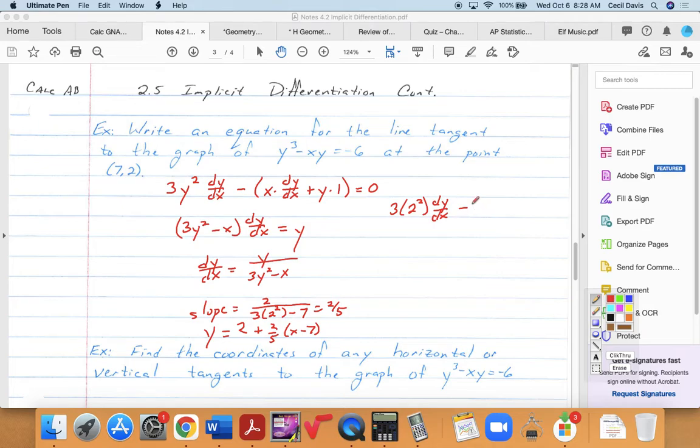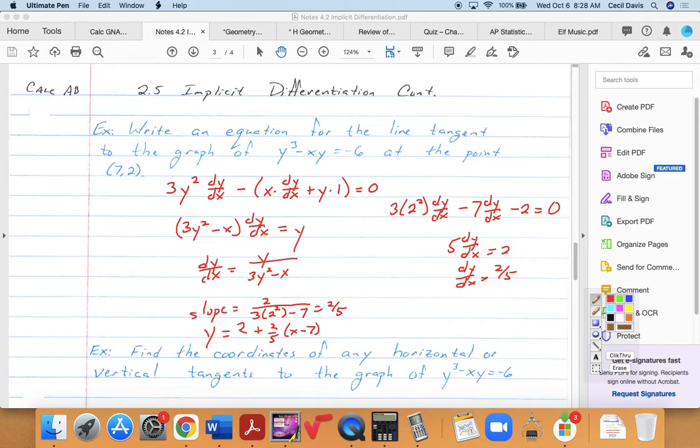So that's 12 minus 7 is 5 dy dx is 2. So dy dx is 2/5. It's a little faster to go ahead and do it immediately. I like doing it after.